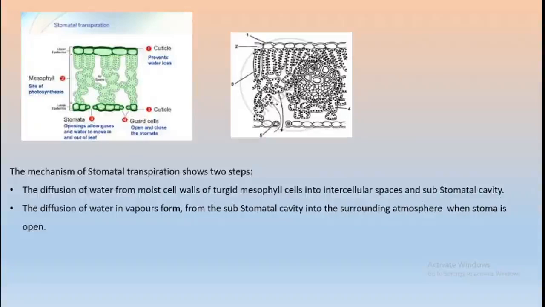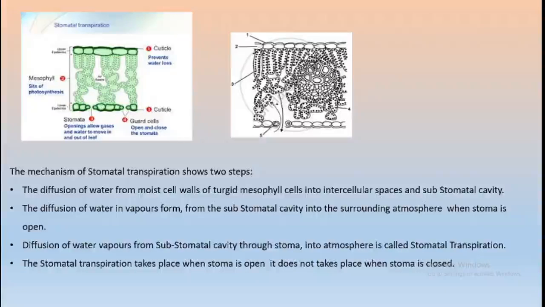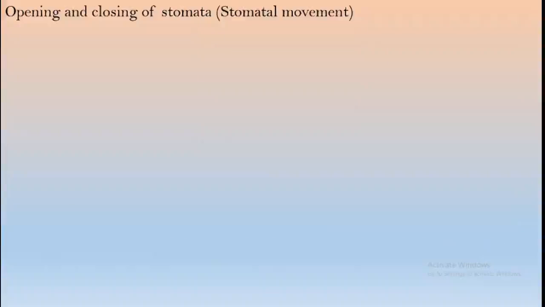Then the diffusion of water in vapor form from the substomatal cavity into the surrounding atmosphere when stoma is open. Diffusion of water vapors from substomatal cavity through stoma into atmosphere is called stomatal transpiration. Stomatal transpiration takes place when stoma opens. It does not take place when stoma is closed.